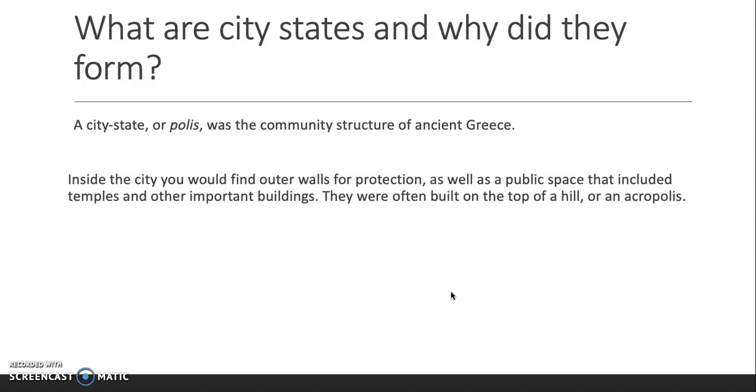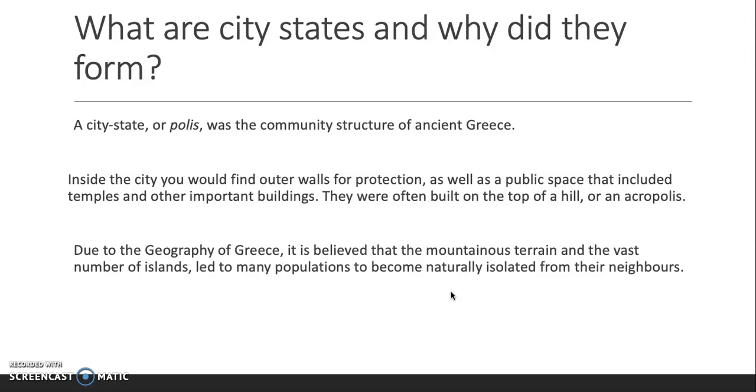And other important buildings to help with laws and for other particular importance. They were often also built on top of a hill, which is also known as an acropolis. The most famous one is the one in Athens. If you went onto Google and typed in the Acropolis in Athens, you'll be pleasantly surprised to see what images come up. Make sure you're doing that with a family member as well.